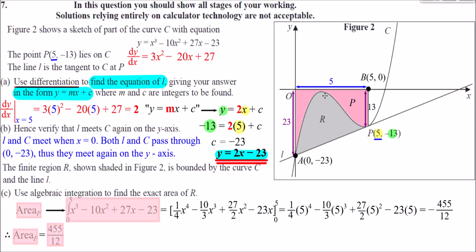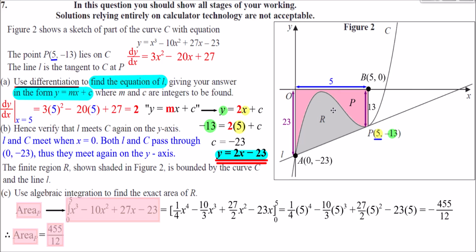If I now consider this whole shape from O to A to P to B, this trapezium shape, then because I know the dimensions of it, I know the two parallel sides are 23 and 13, and the distance between the parallel sides is 5, so I can calculate the area of the whole trapezium, and I know this pink region.